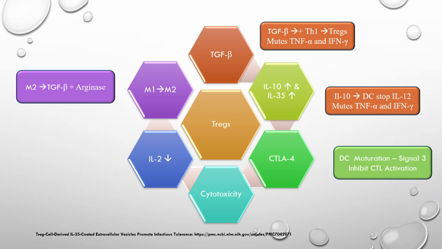So this slide, it's a bit complicated, and apologies for that. I was a bit busy, but really I just want to talk about Tregs and the impact that it has on everything, and how the tumor microenvironment employs Tregs and what the impact is.